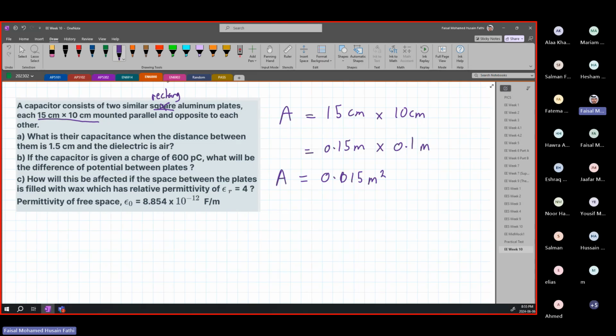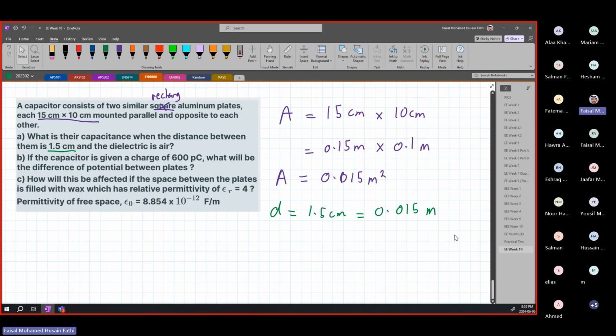What is their capacitance when the distance between them is 1.5 centimeters? So for part A, distance is equal to 1.5 centimeters, meaning 0.015 meters. Again, convert it into meters. They want us to find the capacitance, and they said our dielectric is air.